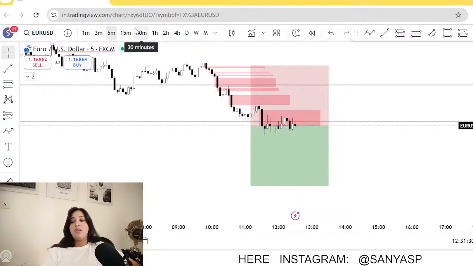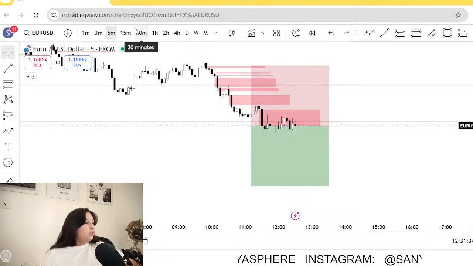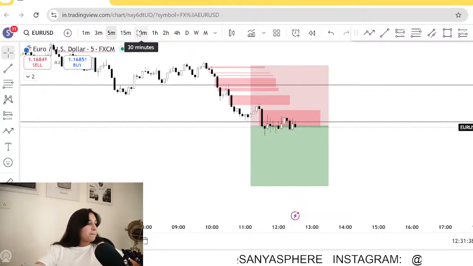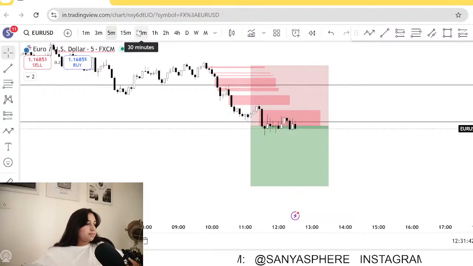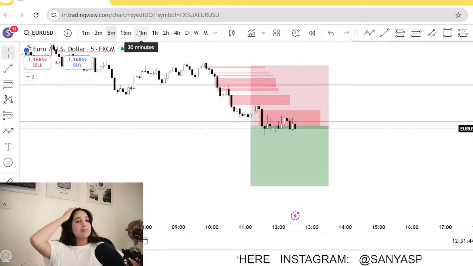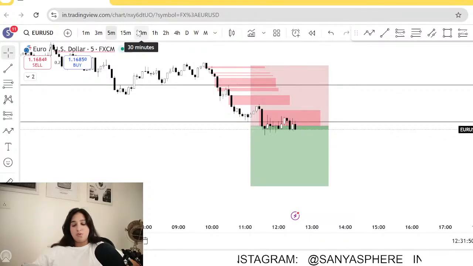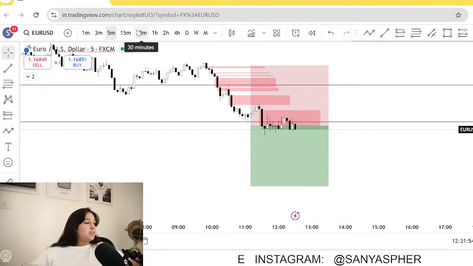Otherwise you need to look at the charts the whole day, because then you need to be constantly reminded by the alerts as well. I tried this with the previous strategy that I was using, the Novik one, but then I was always missing the entries.